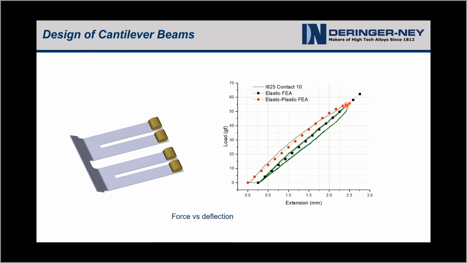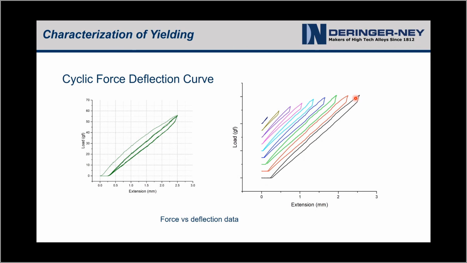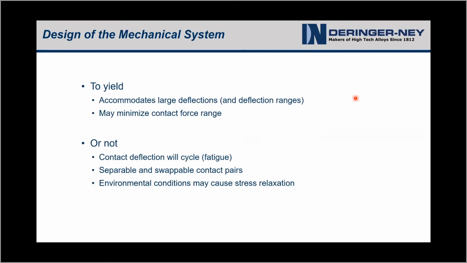The elastic curve is now valid, and the only portions of the elastic curve that are invalid are the points above that yield point. So now to characterize more elastic and plastic behavior, we can do a whole stack of these curves. Right. And this brings us to the question of to yield or not to yield.